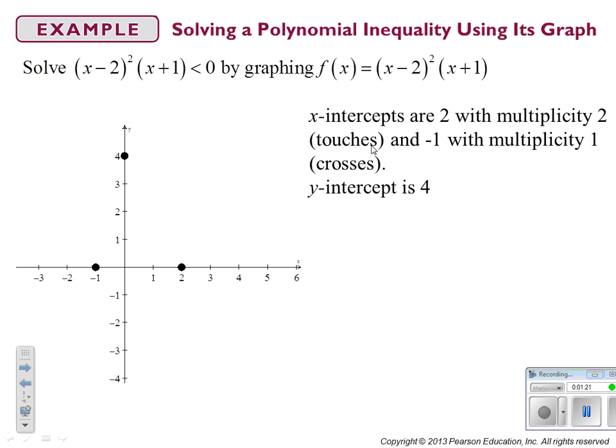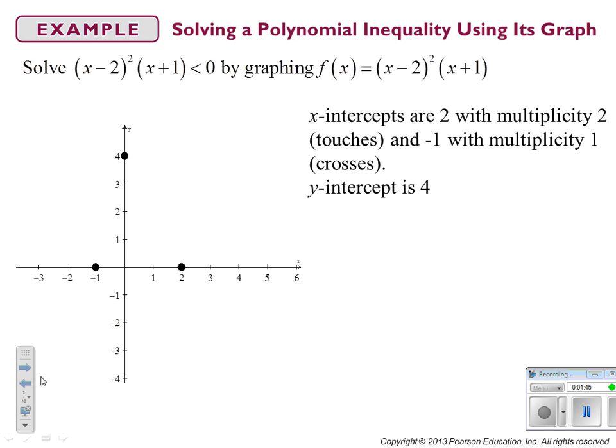We have a y-intercept of 4 because when I put 0 in, I get 0 minus 2, which is -2, squared is 4, and then 0 plus 1 is 1, so 4 times 1 is 4.